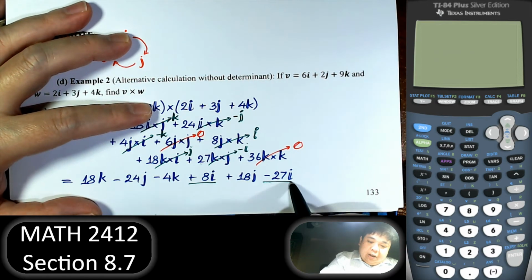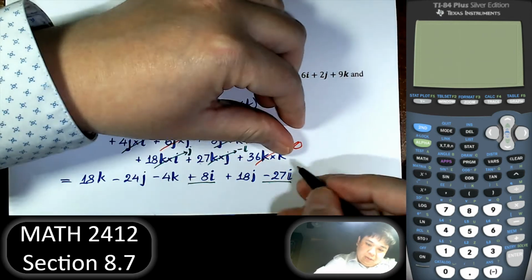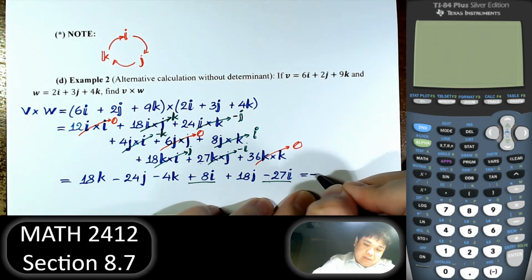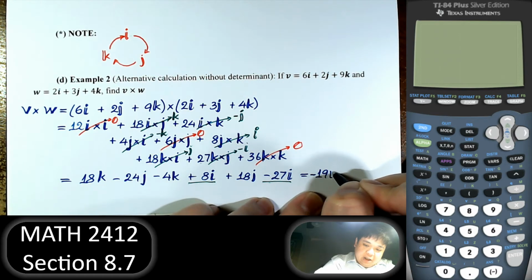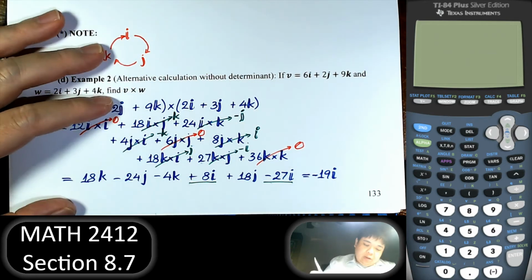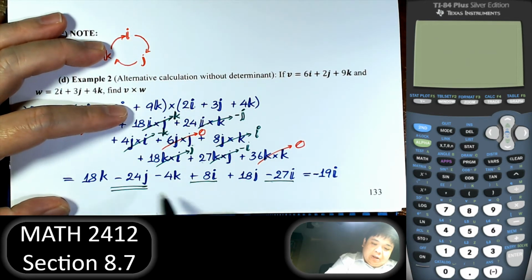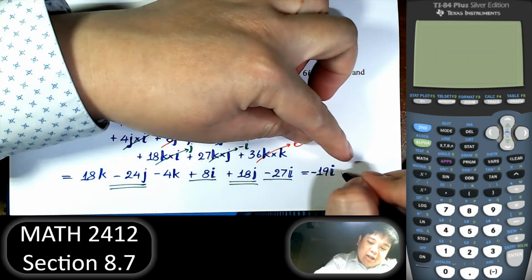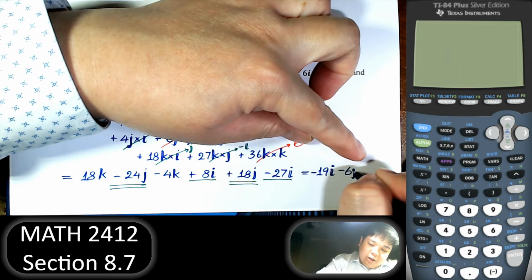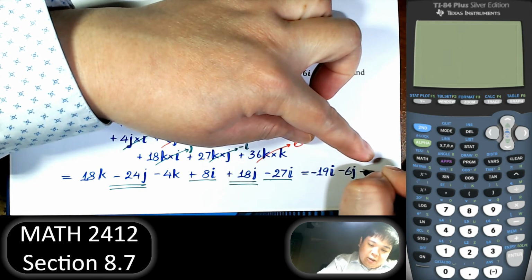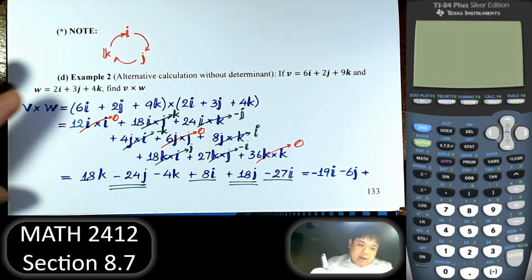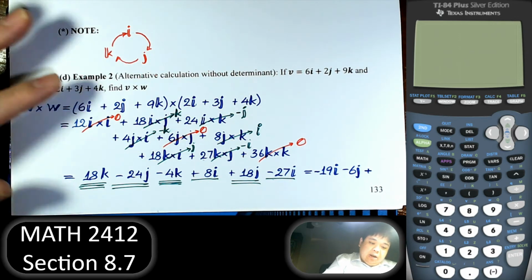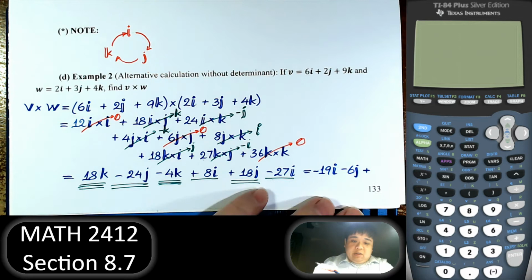For i, 8 minus 27, minus 19i. J, negative 24 plus 18, negative 6j. And for k, 18 minus 4 is 14k.